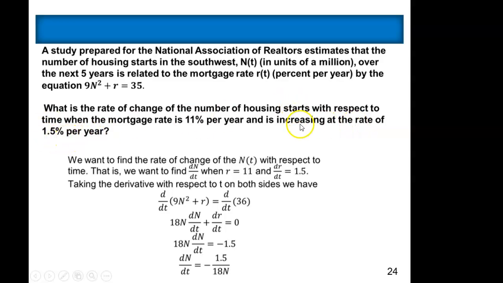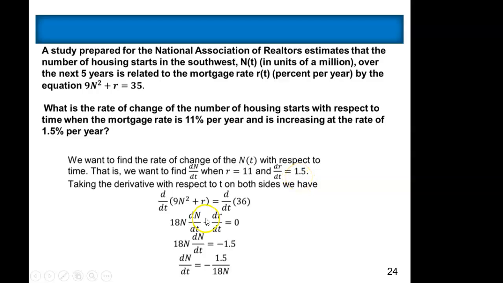So basically what they're telling us with that is that when the rate is 11, the derivative of the rate, so that's how much the rate is increasing, tells me it's the rate of change of the rate. So dR/dt would be 1.5.